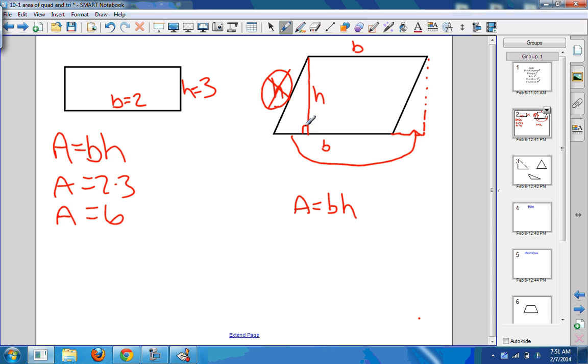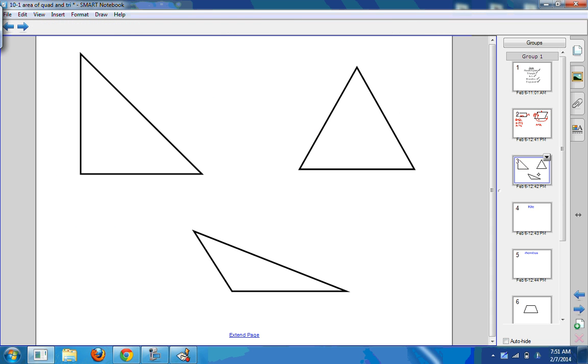All right, moving on, we have triangles. So a triangle, I have 3 different kinds of triangles here. I have a right triangle, we have an acute triangle, and we have an obtuse triangle. The formula is the exact same for each one. So the right triangle, once again, I make another shape here.